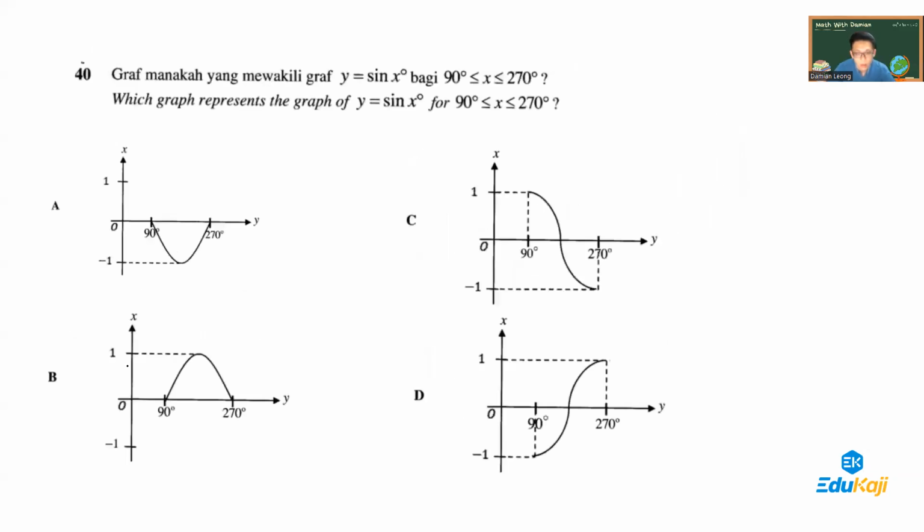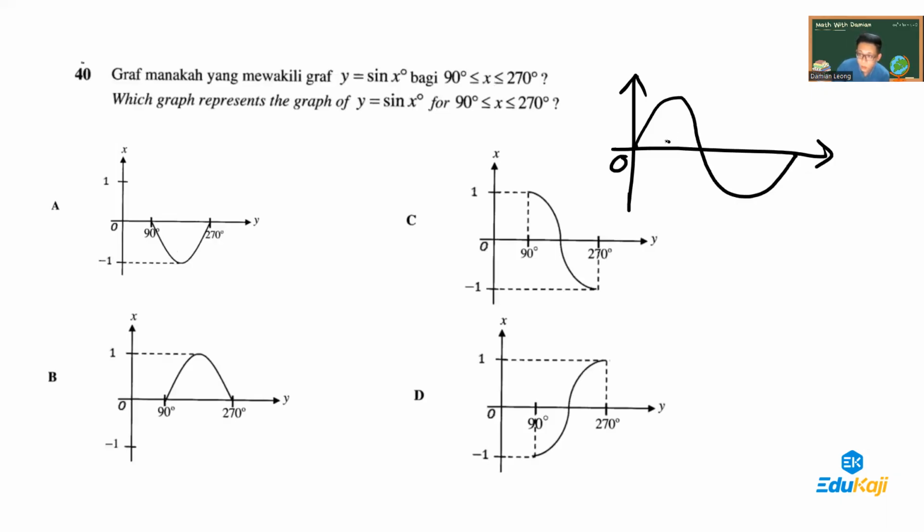And the last question here. y equals sine x for 90 to 270 degrees. So remember the basic 0 to 360 degrees first. It should be like this. Each special point is separated by 90 degrees.